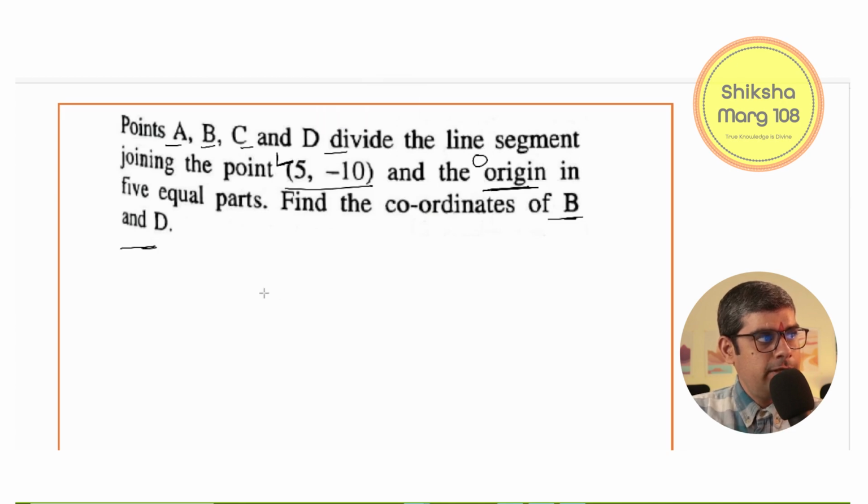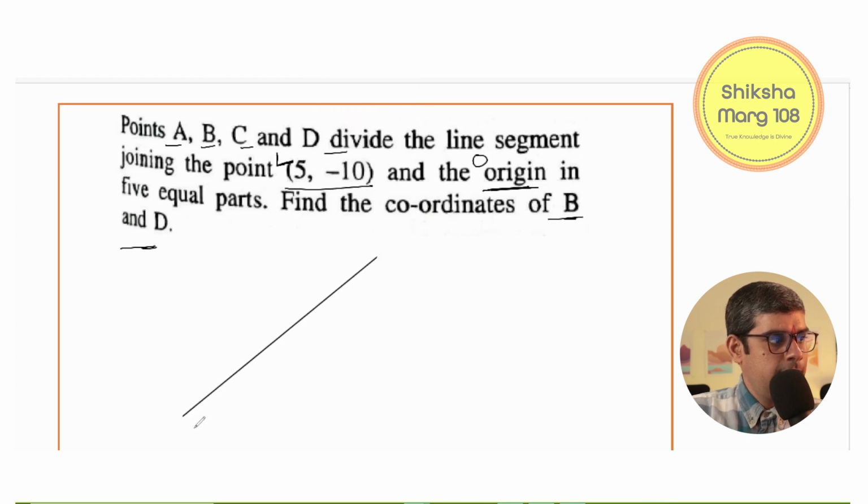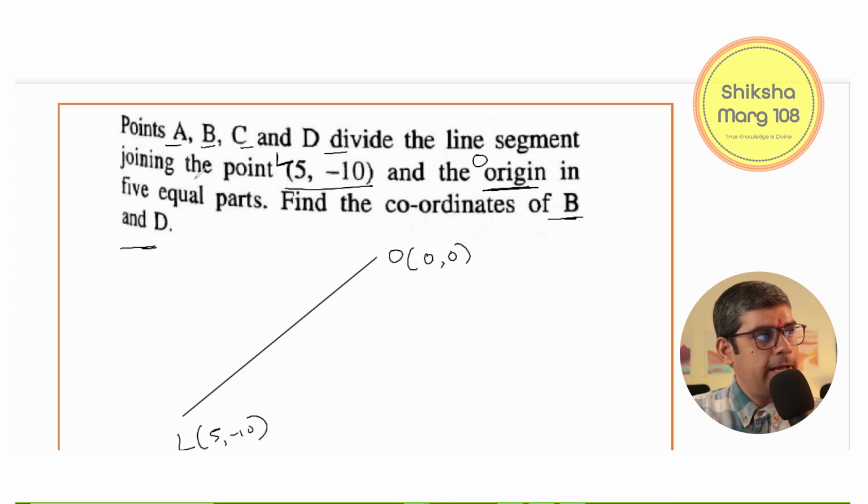So now we have a line segment which is basically starting from L, and then we got O. O is the origin, so that's 0, 0. This is the point L, which is 5, -10. Alright, and points A, B, C and D divide the line segment joining the points in 5 equal parts. So that's going to be 1, 2, 3, 4.